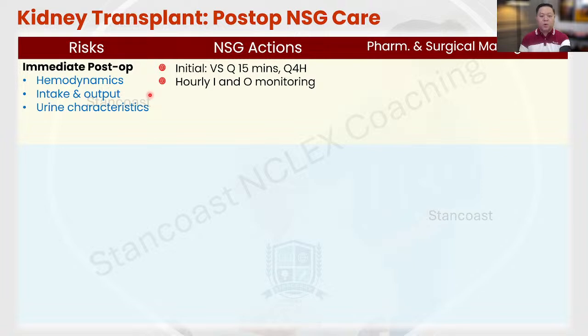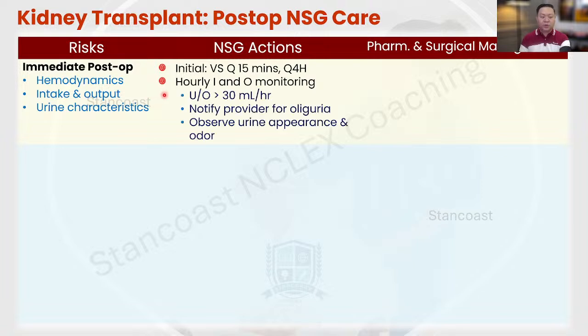And so we are going to monitor the urinary output of the patient. It is expected at this point that we have that goal that they need to urinate at least 30 mLs an hour, nothing below that. Because if it is less than 30, that is very significant. It simply means that maybe there is a problem in the surgical site. Maybe there is thrombosis.